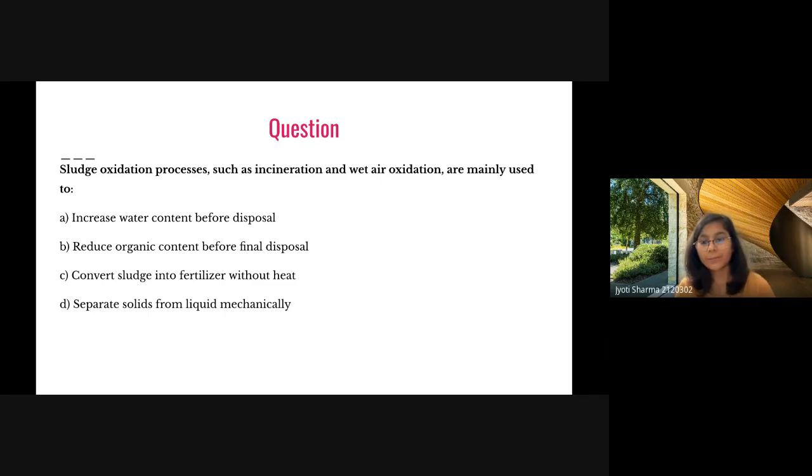Okay, so everyone gave me a B answer. Yes. Even after digestion, if we still have some organic content, we have to rely on the oxidation process, and that oxidation process includes incineration and wet air oxidation that will reduce the organic content before disposal of the sludge. So this is kind of the last step before disposing the sludge.